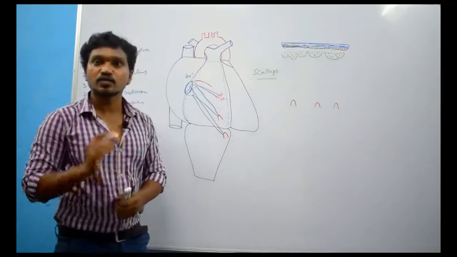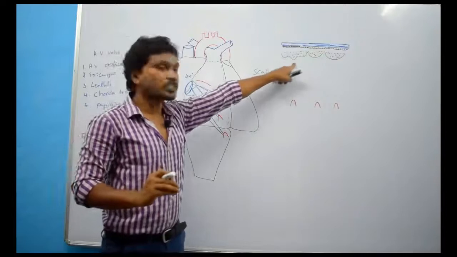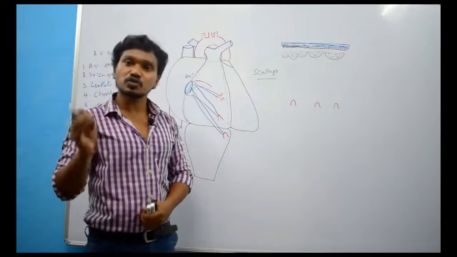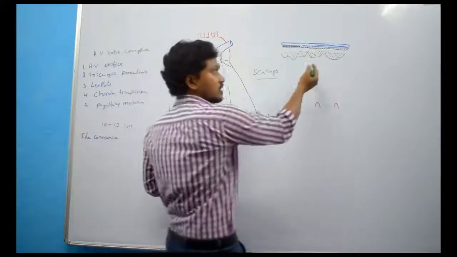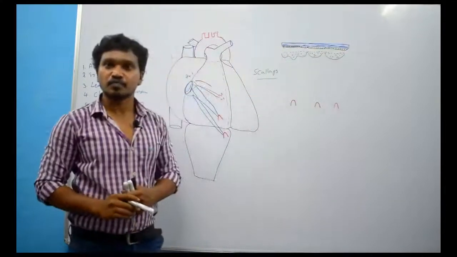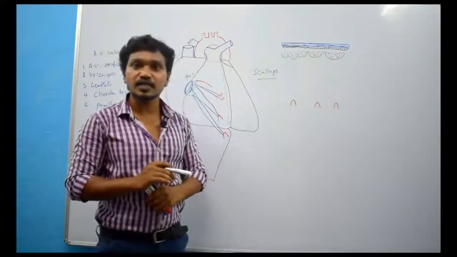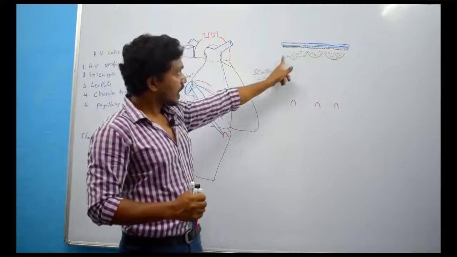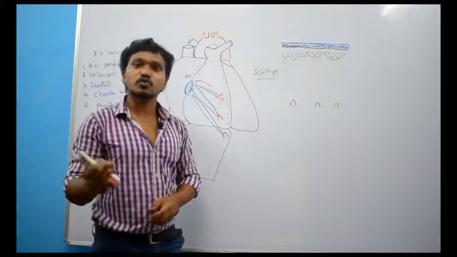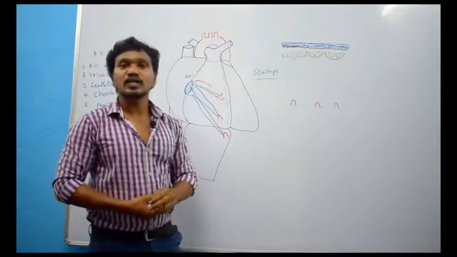The commissure between the posterior leaflet and septal leaflet we call the posteroseptal commissure, and the commissure between the septal leaflet and anterior leaflet we call the anteroseptal commissure. Then between the posterior leaflet and anterior leaflet we call it the anteroposterior commissure. Clear? So that is about leaflets.